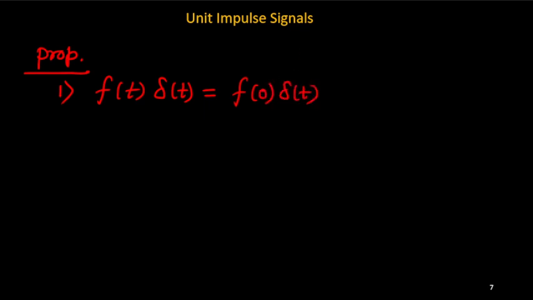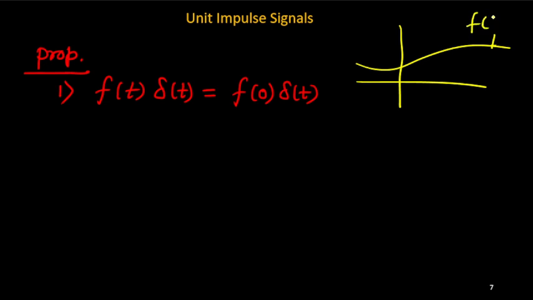Why is it so? If I consider one signal, this is one signal, that is your f of t. Now this signal is multiplied with another signal, that is your delta function, and you know that the delta function is located at 0 only.